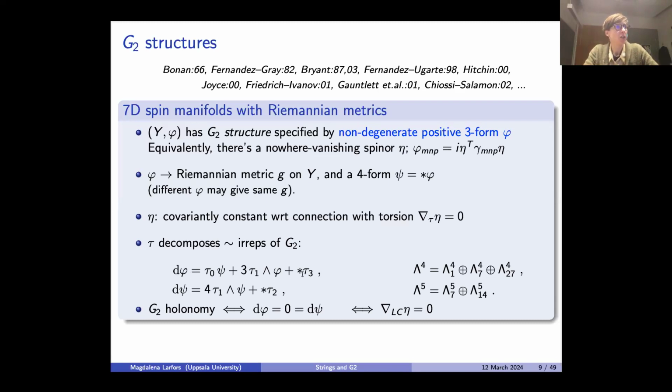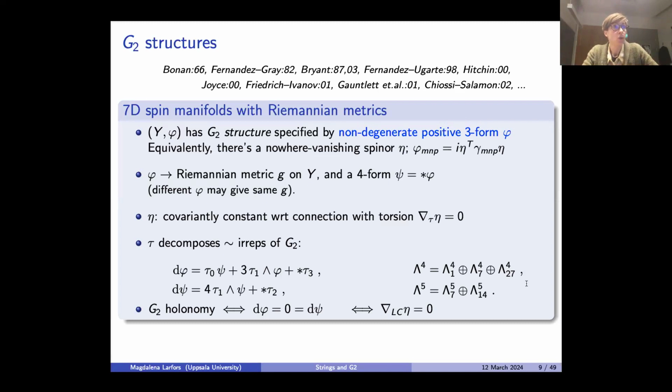So this is just a general decomposition. Here we get 4-forms. So this is how the space of 4-forms decomposes under G2. And here we get a 5-form, and this is how the space of 5-forms decomposes. So if the manifold now has G2 holonomy, then that corresponds to these two forms being closed.